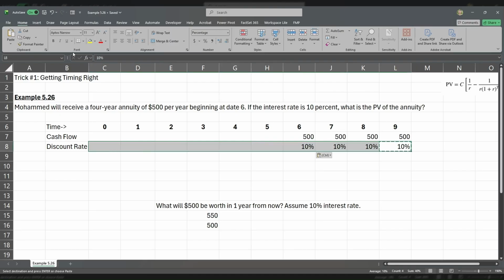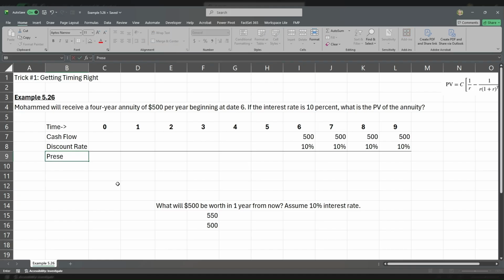Now with this setup, all I need to do is calculate what the present value of the cash flow is. And I'm going to be using this formula here, exactly, where I have my future value, and I'm going to divide it by 1 plus the discount rate. The only thing I'm going to add onto this formula is I'm going to put it to the power of what time period we are in, because that is the number of periods that I need to discount.